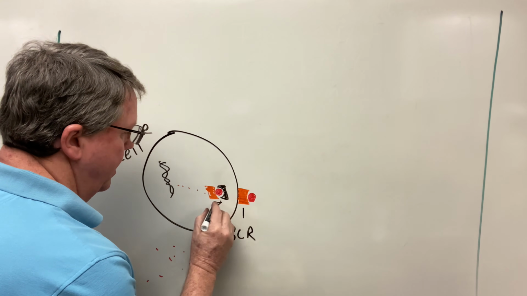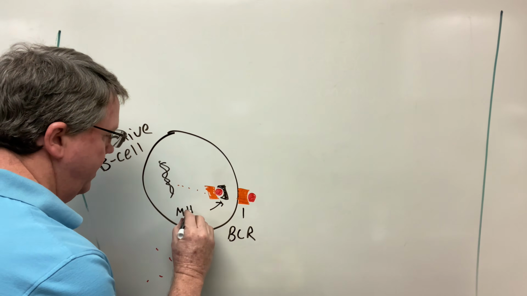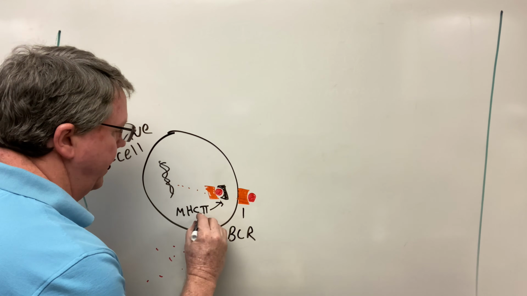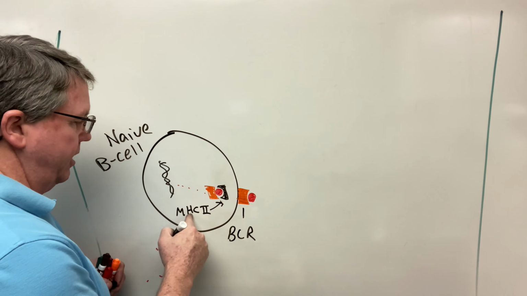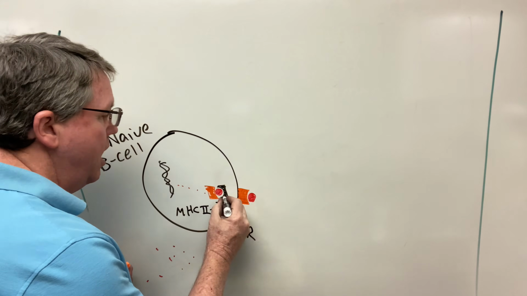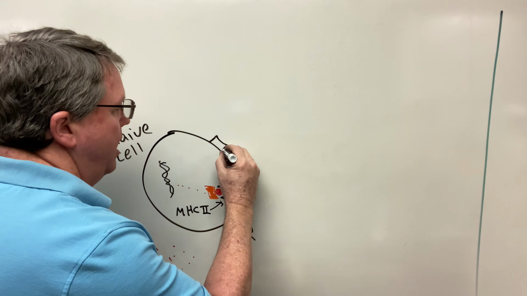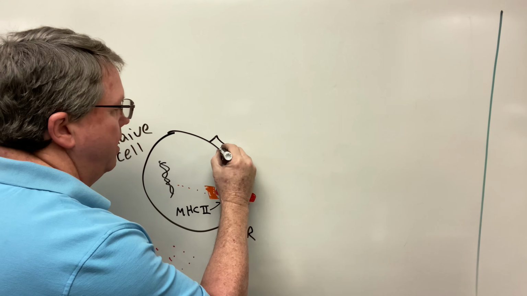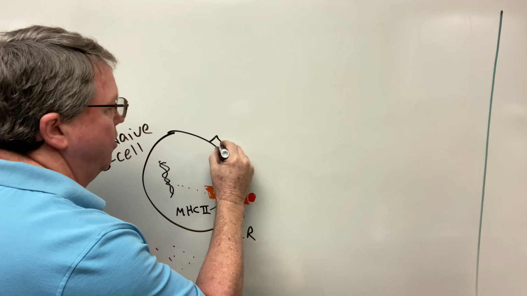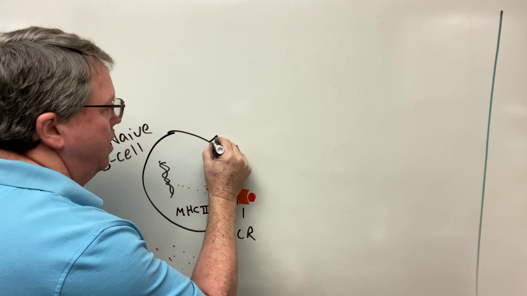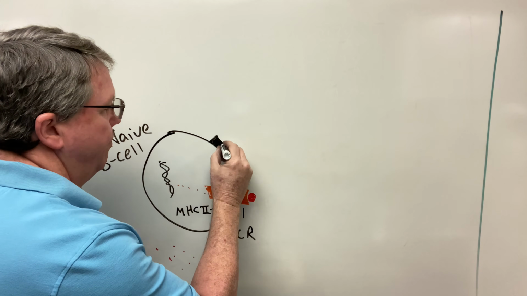I'm sorry, I was saying MCH. It's MHC2, major histocompatibility complex. That's going to take this antigen and present it. So B cells are antigen presenting cells, just like macrophages are.